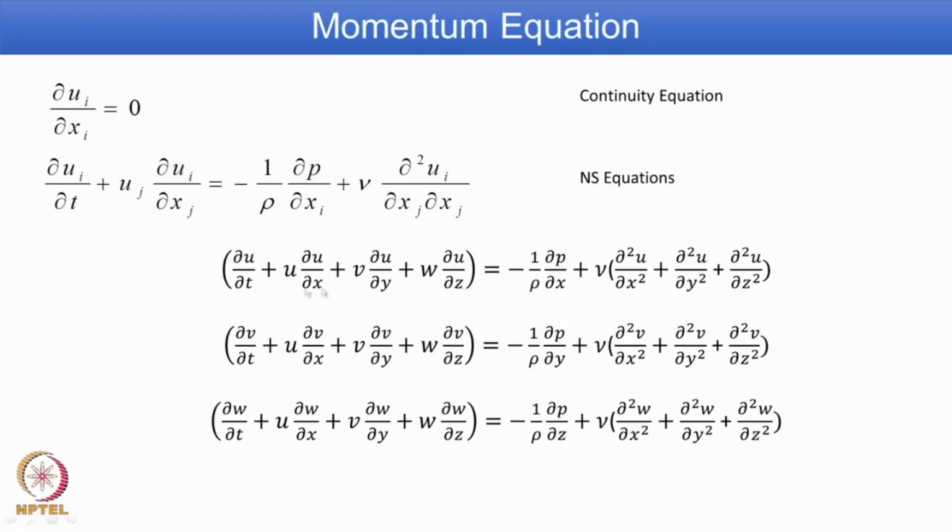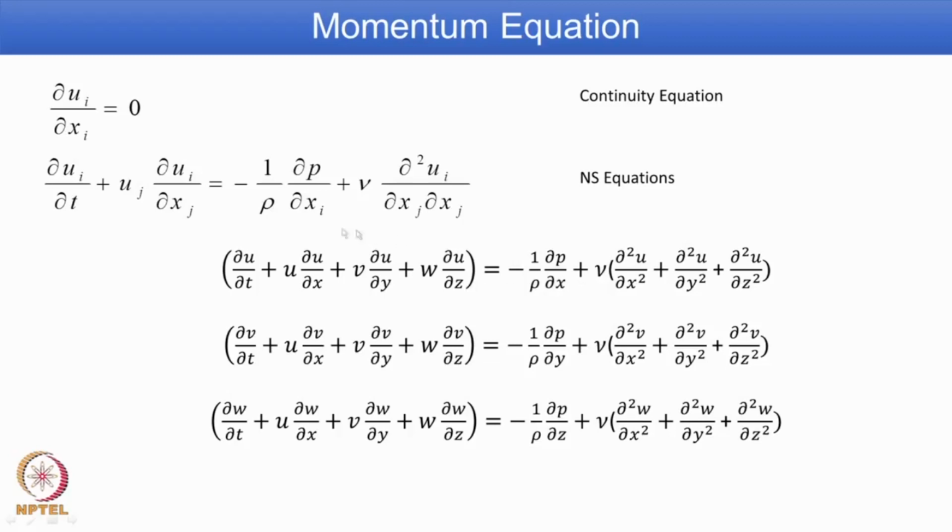We get 3 terms, but they are summed up, and u is only 1 for i equal to 1. Now, you can immediately appreciate the advantage of writing with index notation. In the original tensor notation form it is just one term for convection, and in the expanded form you get 3 different terms.